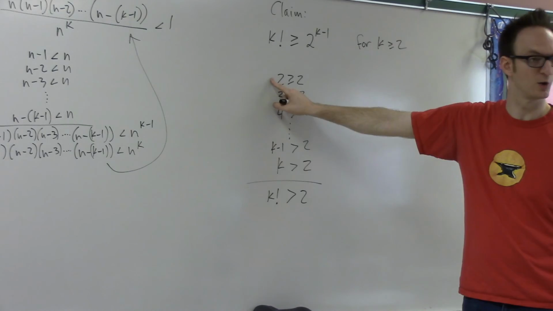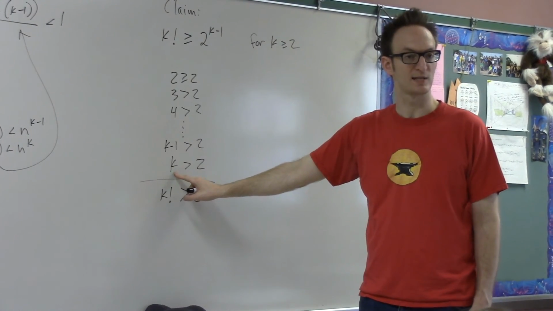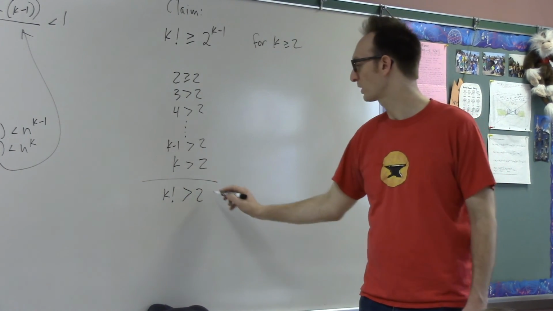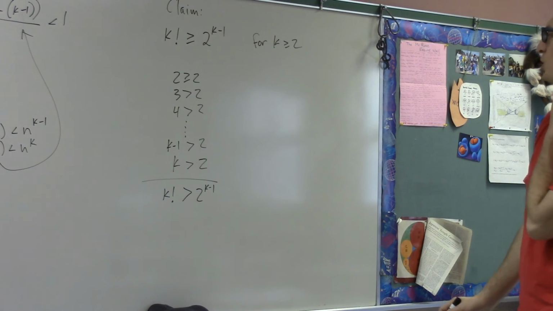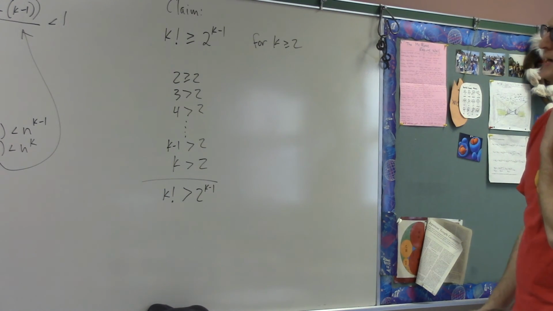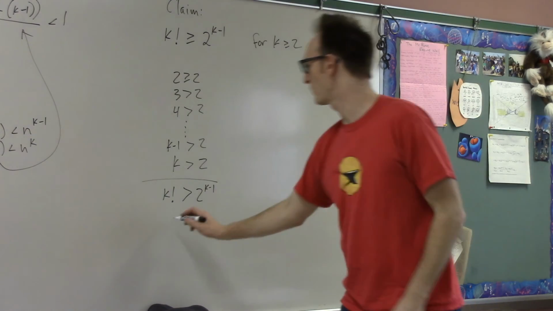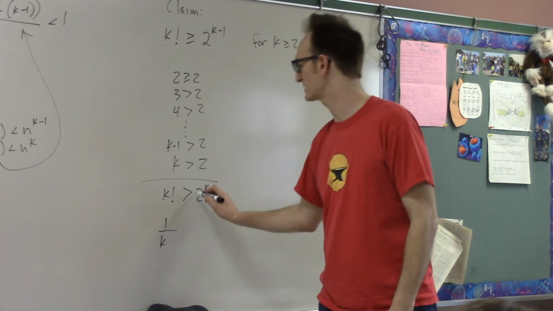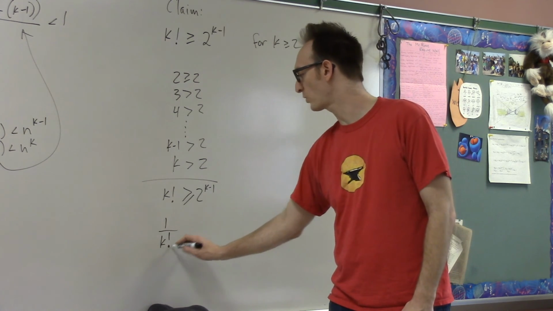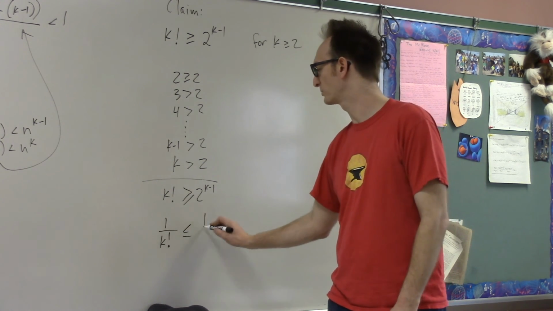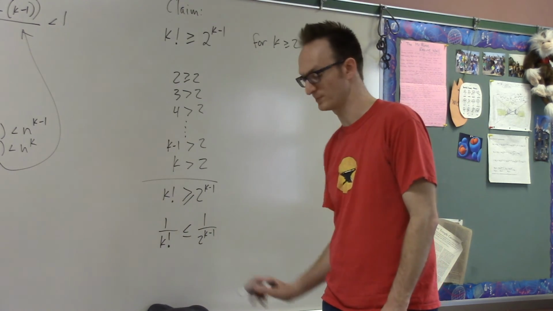Well, I started with 2 and ended with k, so that's k minus 1 terms. Okay, so proved. And since that's true, 1 over k factorial would be less than or equal to 1 over 2 to the k minus 1.